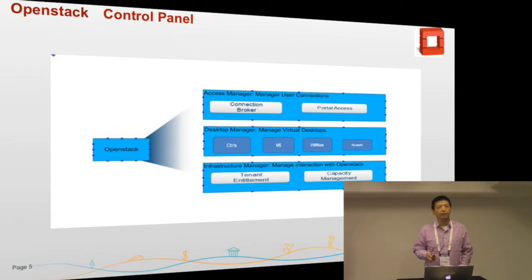Inside of it, this is very high level. Basically, you need to have a connection broker, right? So when this guy logs in, he will be automatically brought to the VM he was assigned.